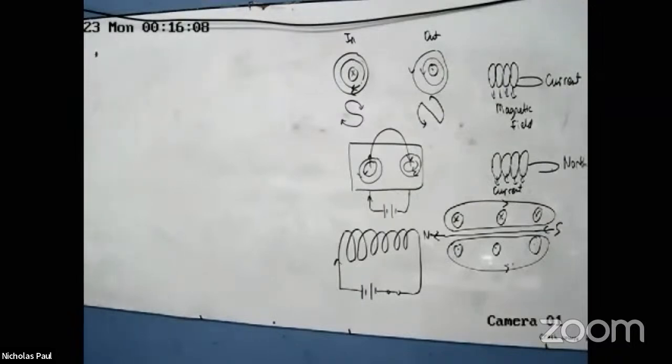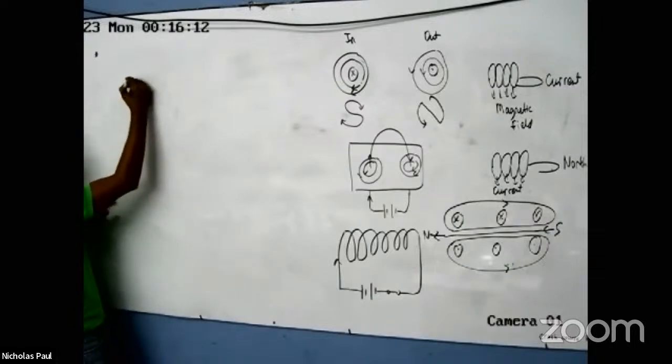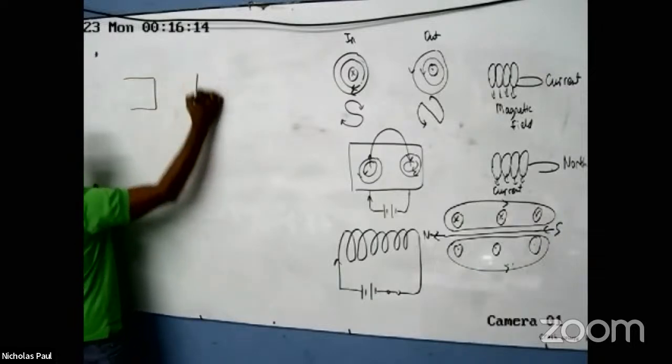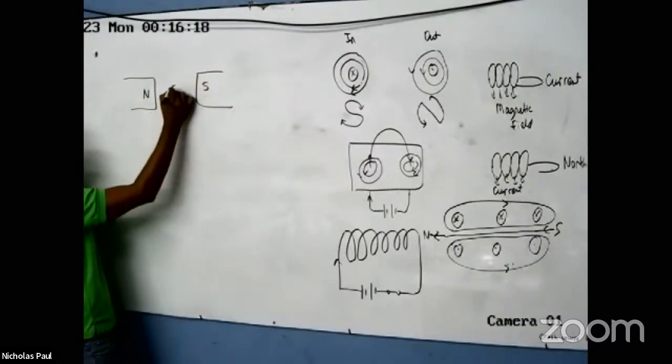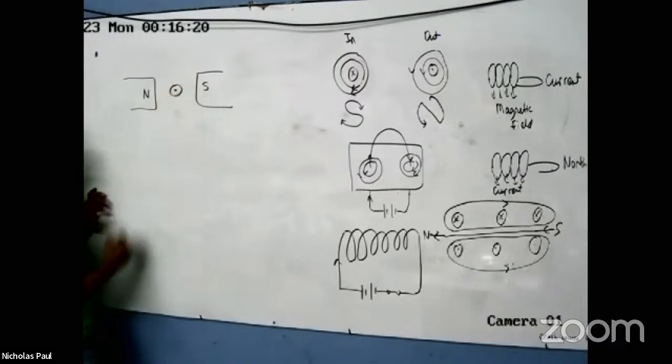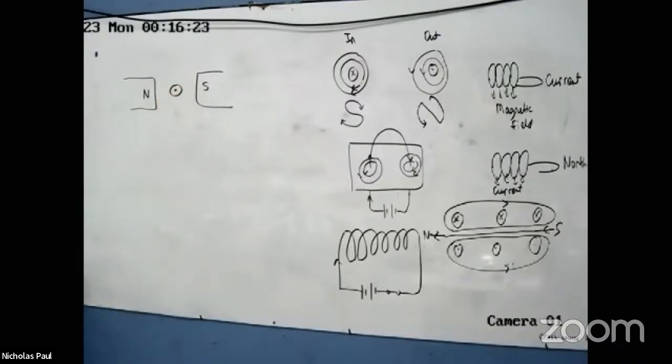All right. So here's what we're looking at now. We are taking a magnetic field and we are going to put a current carrying conductor in the middle. So we're going to use Fleming's left hand rule.